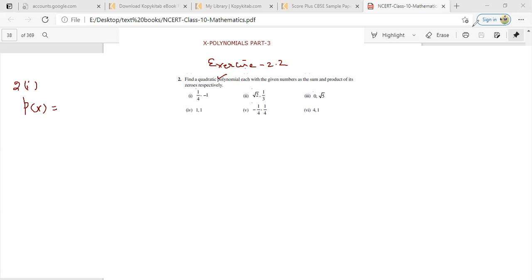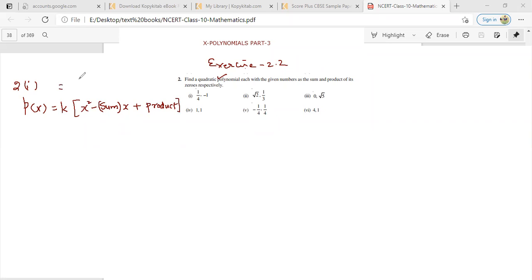And when sum and products are given, we can make infinite number of polynomials. k into x square minus sum of the zeros. Sum, I'm writing in short, sum plus product. That is alpha into beta.